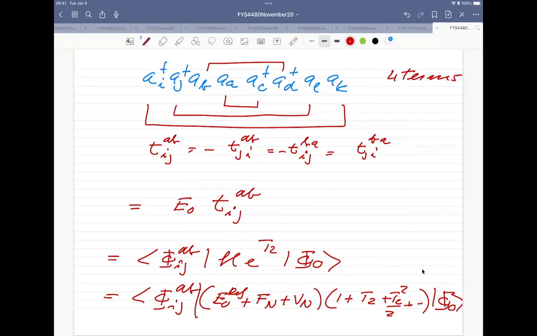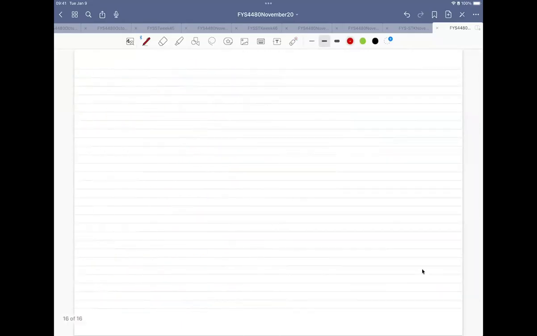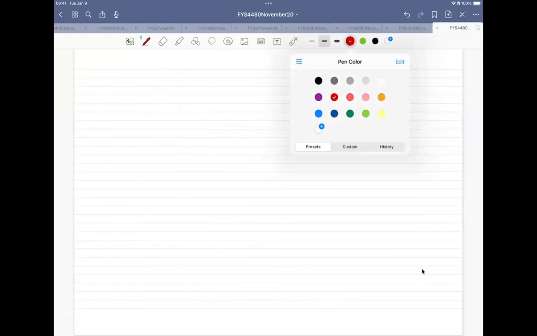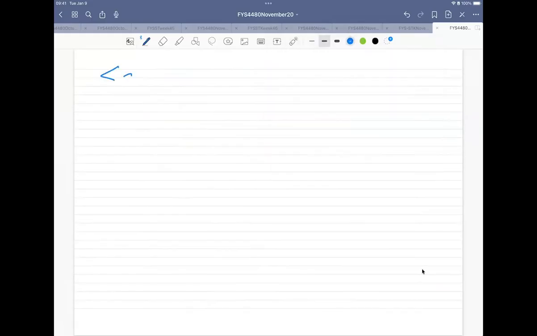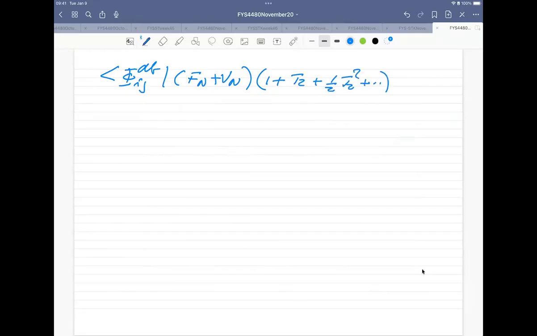the, so if I reshuffle a little bit, what I'm going to get now is the following. So let me just rewrite that. So I'm going to have a phi ij AB, and then I have this Fn plus Vn, the one body and the two body operators. And then I have 1 plus T2 plus 1/2 T2 squared, etc., of phi 0.